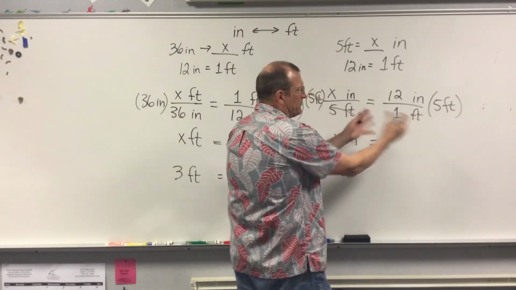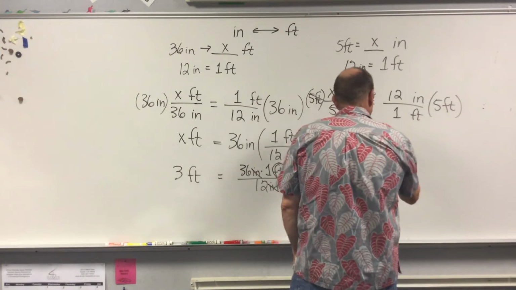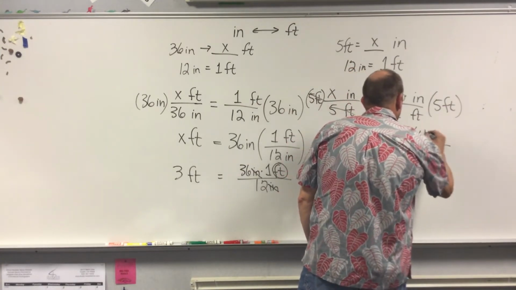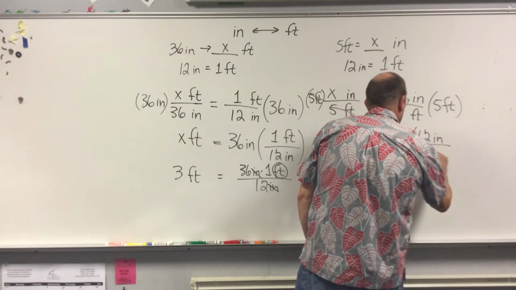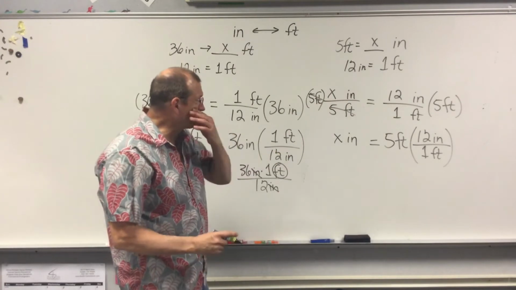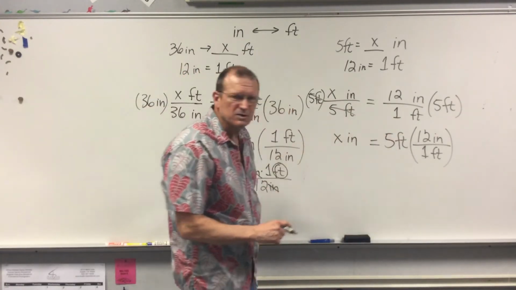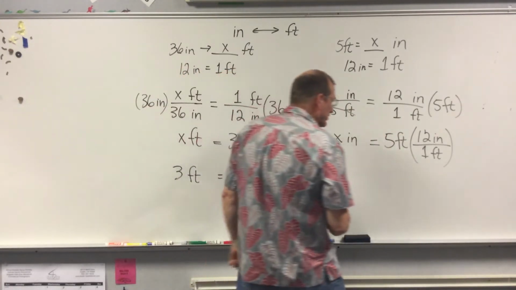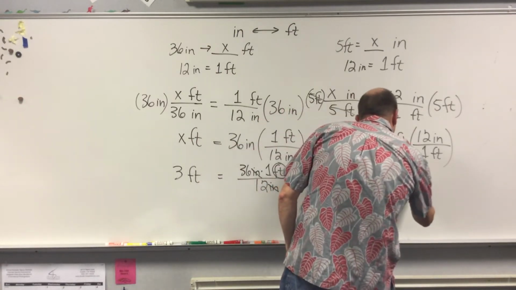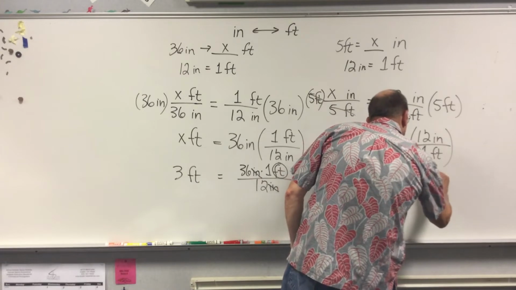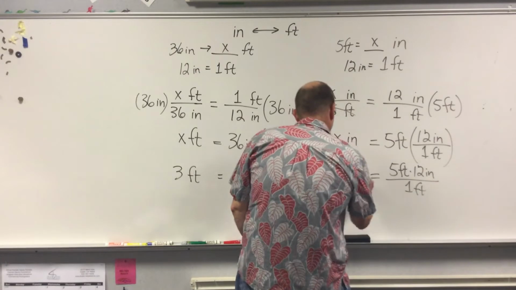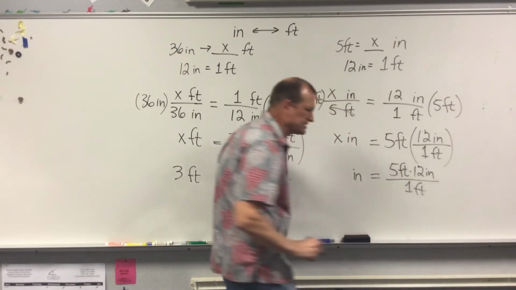And again, I'm going to flip these two factors around, and I would have 5 feet times 12 inches over 1 foot. So now if you look at the math that we need to do to solve our conversion here, if we bring it all together like we did over here, we have 5 feet times 12 inches over 1 foot, and then we have inches on this side.